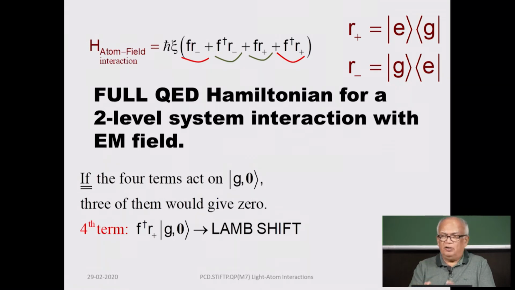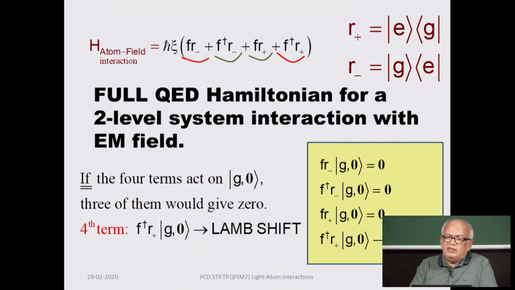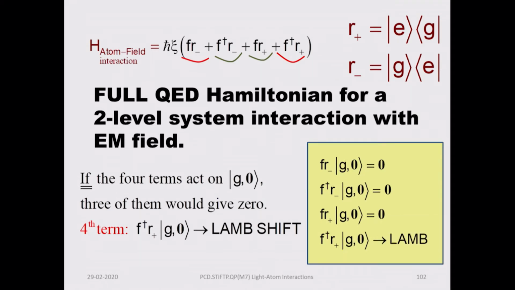It is a direct product of the atomic ground state and the vacuum state of the electromagnetic field. So, if the 4 operators operate on this, then 3 of these would give you 0, because you cannot lower the atom to anything lower than its lowest ground state. It is just a two-level system and it will simply kill that state.